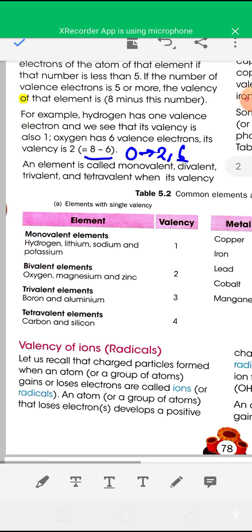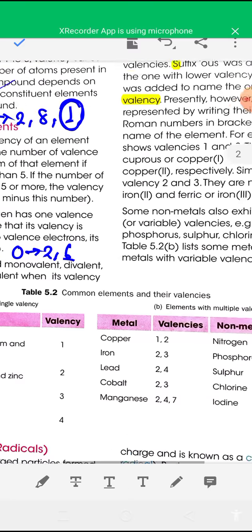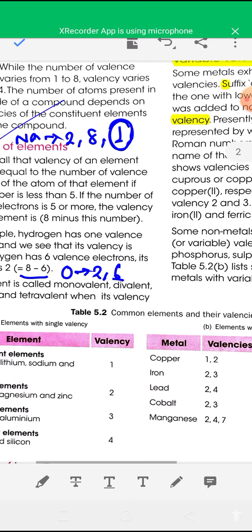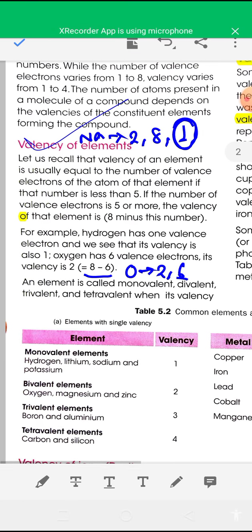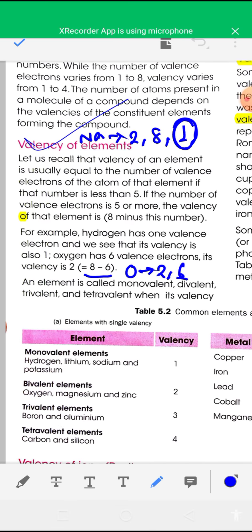Now see, a table is given, common elements and their valency is also given. One more important term is given. Based on valency, some elements are known as monovalent elements, some divalent, some trivalent, some tetravalent.